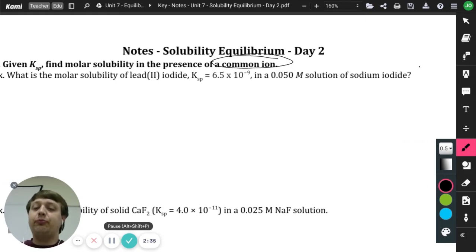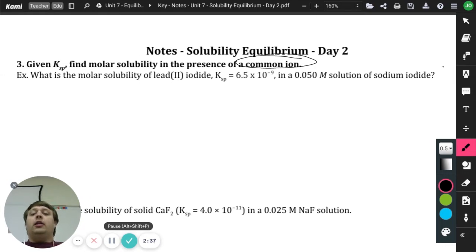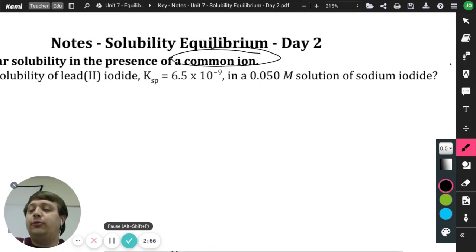Okay? Now, let's go ahead and dive on into this problem. So it says, what is the molar solubility of lead(II) iodide? And they tell us the Ksp is 6.5 times 10 to the negative 9 in a 0.050 molar solution of sodium iodide. Now, it is important that you know what each of the compounds you have are. So in this case, I've got sodium iodide.